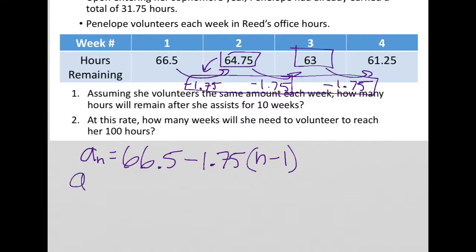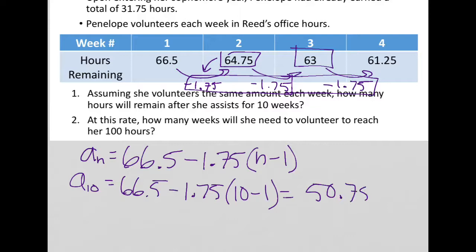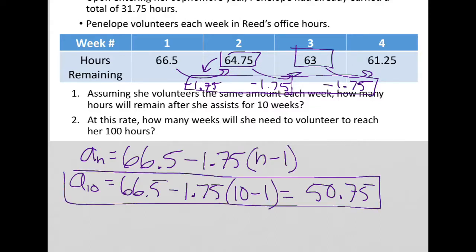So if we want to know how many remain after 10 weeks, well, we can say a sub 10 equals 66.5, the initial amount, minus 1.75 times n, which is 10 if it's 10 weeks, minus 1. And we can crunch that number, and you should find that after 10 weeks, Penelope will have 50.75 hours remaining. So a sub 10, the 10th term, is 50.75.